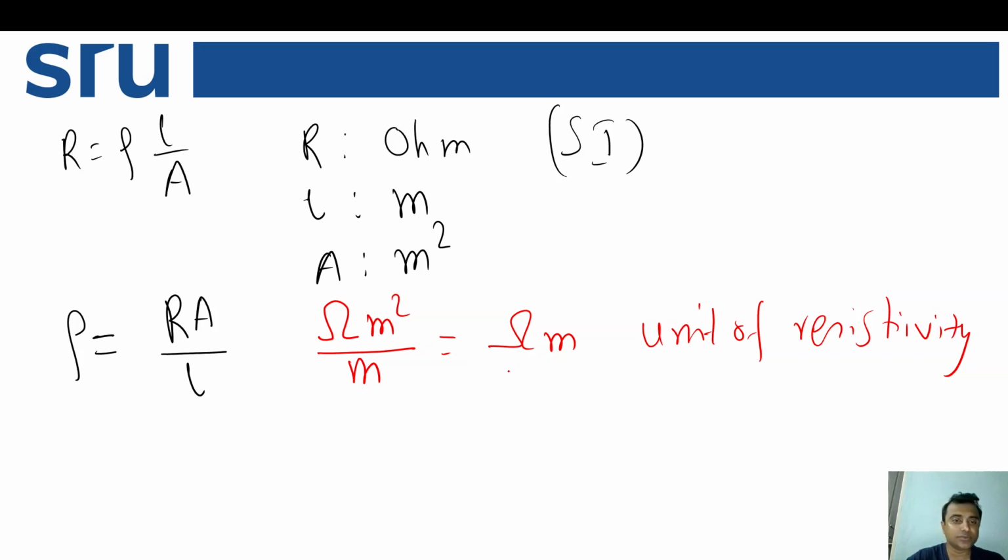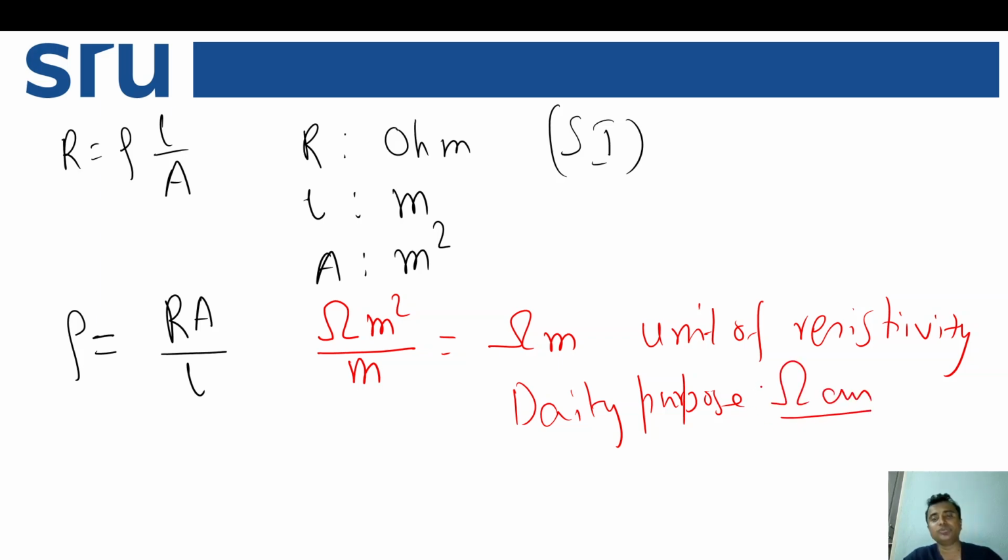So this is the unit of resistivity that you can remember, and this will be useful for your future. But in commercial purposes, sometimes this ohm meter is not used. In daily purposes, we also use ohm centimeter.